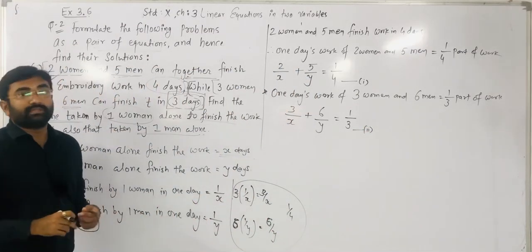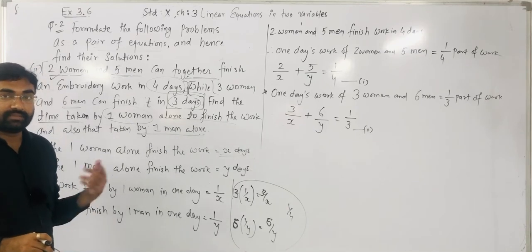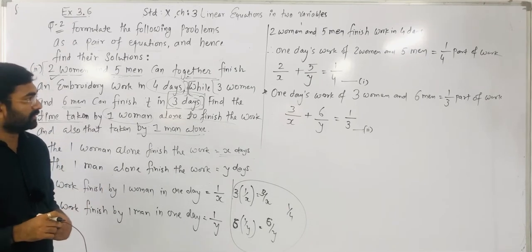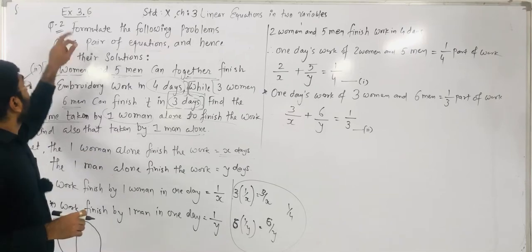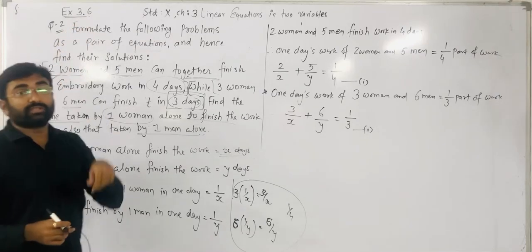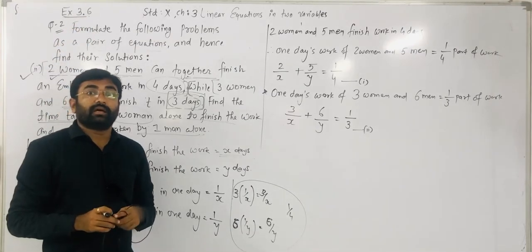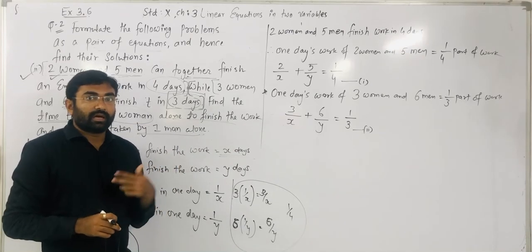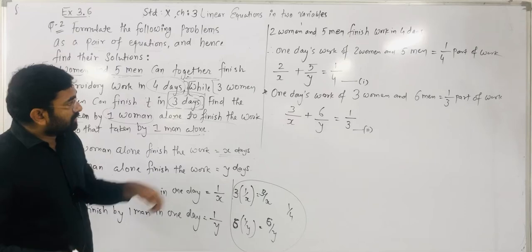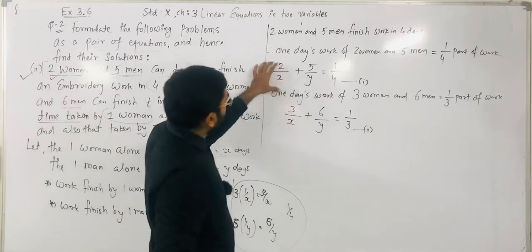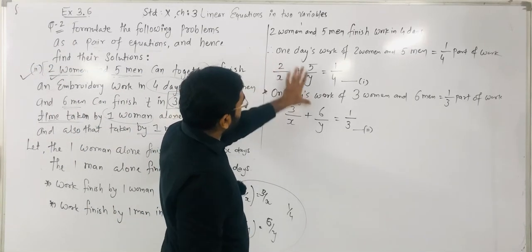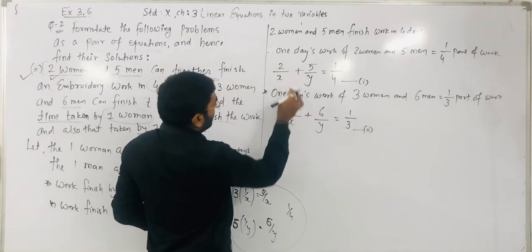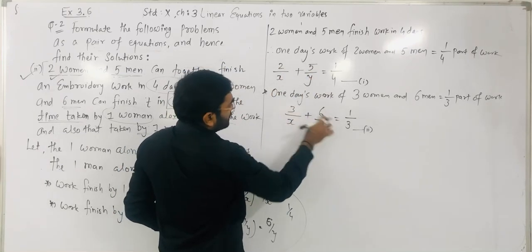Now we have to solve these equations by either the substitution method or elimination. Okay. In exercise 3.6, the last two questions 7 and 8, I already showed you how to solve using the elimination method. So right here, from equation 1 and equation 2, observe 2 by x here and 3 by x, 5 by y here and 6 by y.